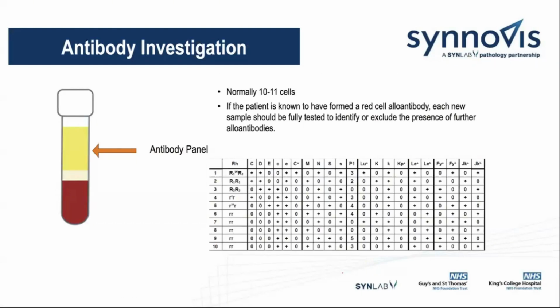Failure to recognise all of the antibody specificities within a sample could lead to a hemolytic transfusion reaction. Once one antibody has been identified, it's essential that the presence or absence of additional clinically significant antibodies is established. If there's any doubt concerning the identity of any antibodies present or the ability to exclude clinically significant antibodies, a blood sample should be sent to the red cell reference laboratory.